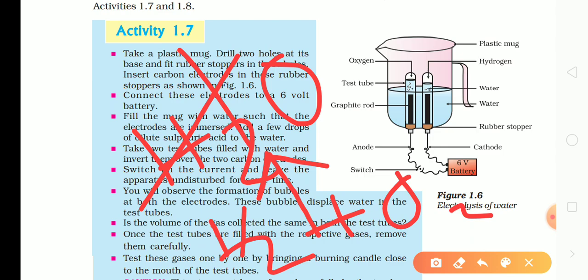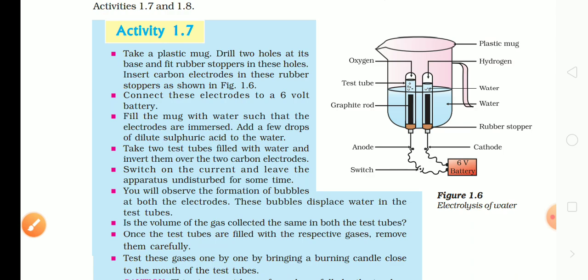In one test tube you can see hydrogen, in the other test tube you can see oxygen, and the amount of hydrogen would be double the amount of oxygen. So the amount of gas in both test tubes is not the same. The amount of gas in one test tube is actually two times the amount of gas in the other.